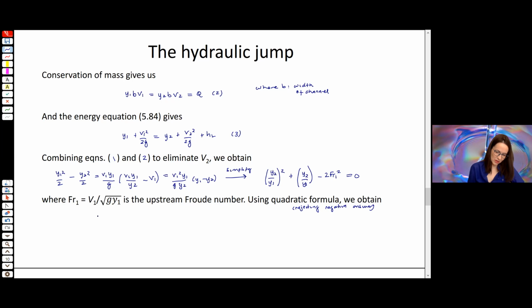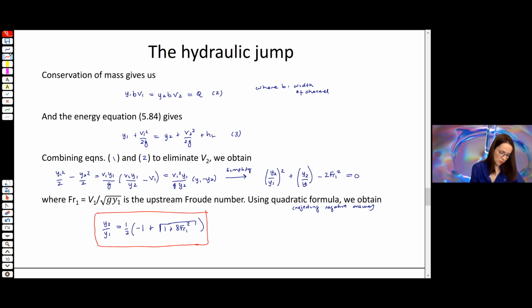So we get the final form for our hydraulic jump equation: y2 over y1 is equal to 1/2 times (minus 1 plus the square root of 1 plus 8 times the upstream Froude number squared). I'm going to box this in red because it's also a really important equation. So the Manning equation, this equation, super important. This is the hydraulic jump equation.